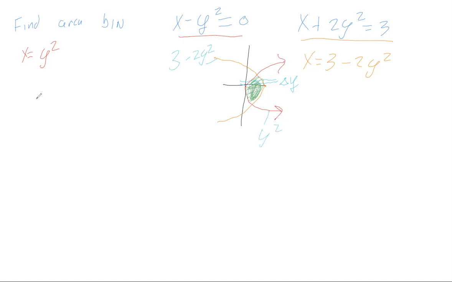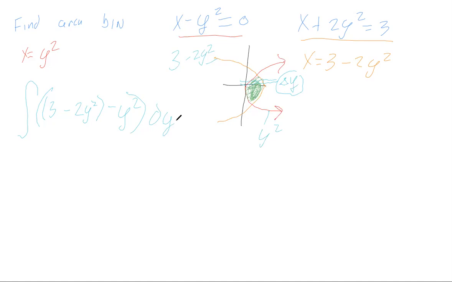This is going to be the integral of 3 minus 2y squared minus y squared. This little delta y turns into a dy when we take the limit of the Riemann sum.